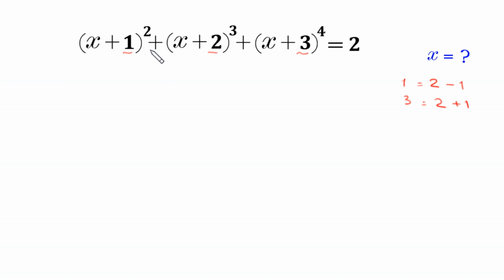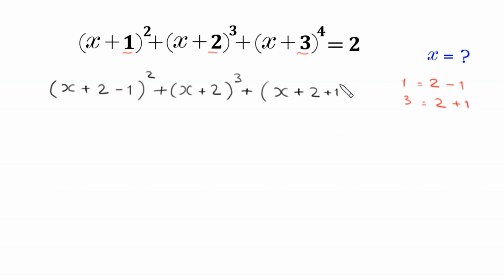So we write this expression as (x + 2 − 1)² + (x + 2)³ + (x + 2 + 1)⁴ is equal to 2.